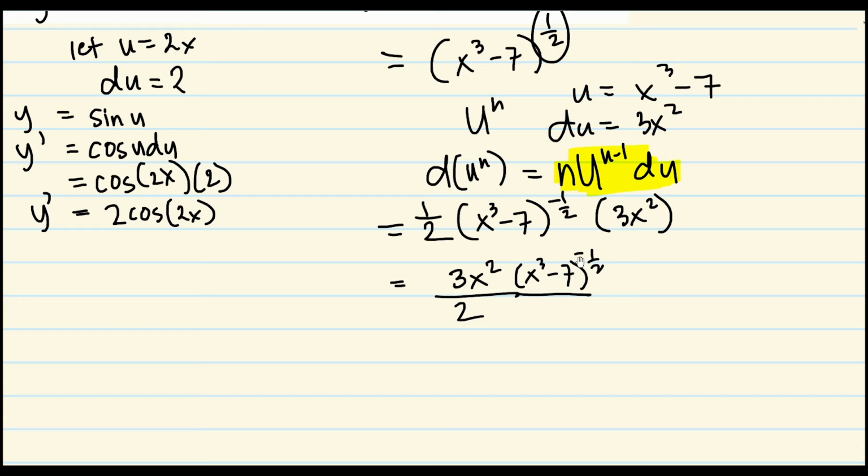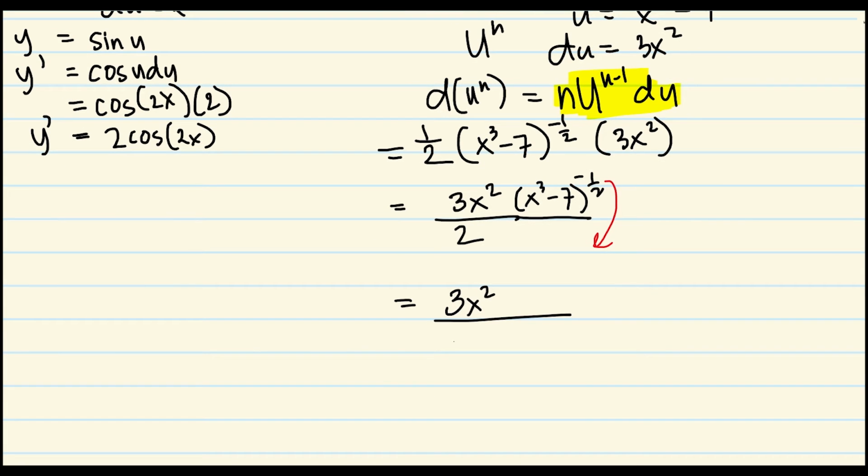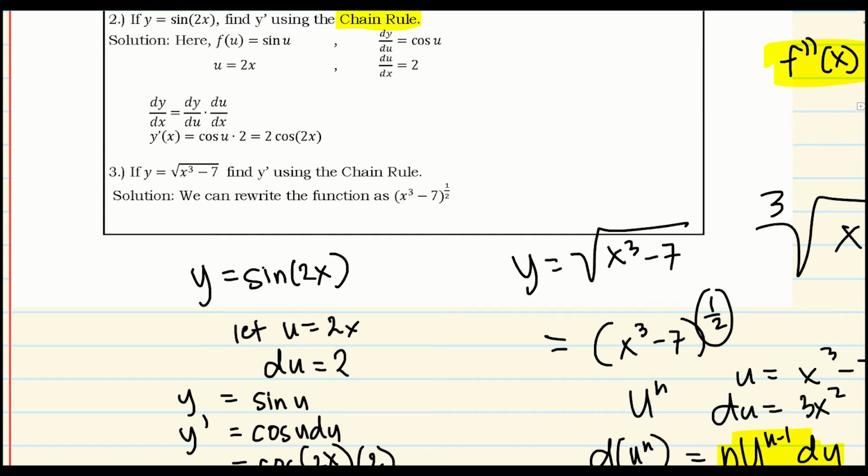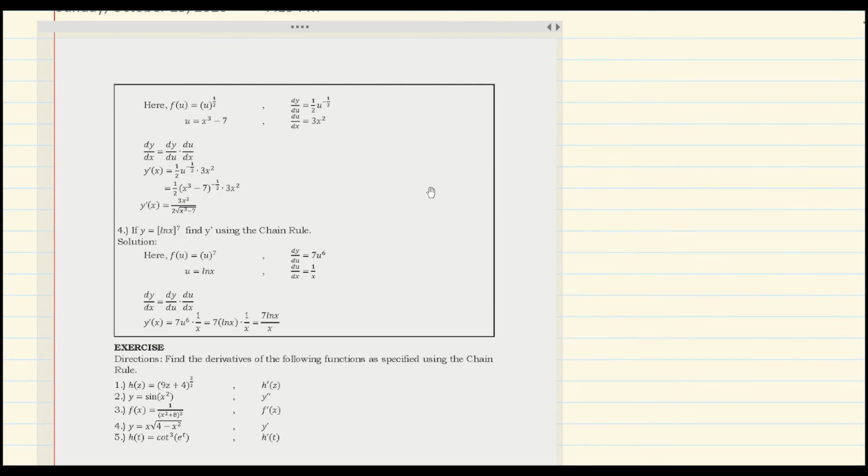As we all know, if we have a negative exponent, to make it positive, we bring it down. So what will happen is 3x squared over 2 times x cubed minus 7 to the power of 1 half. So it's already positive. Then you just take the root form, so the square root of x cubed minus 7. That's it.